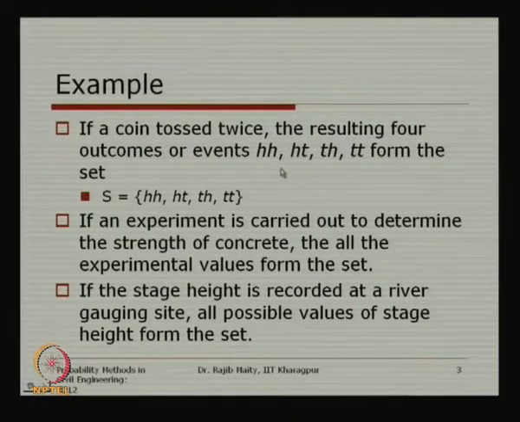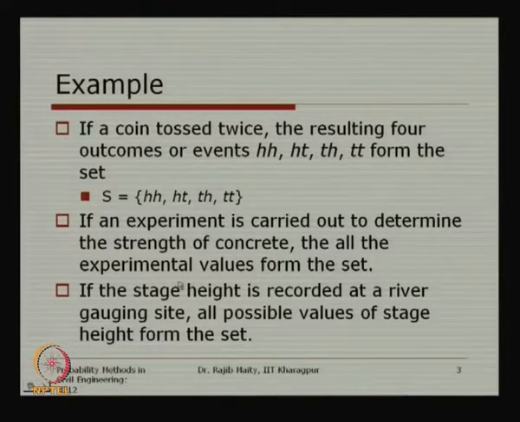So, the collection of all the outcomes of this experiment is one set. If an experiment is carried out to determine the strength of concrete, particularly in civil engineering, then all the experimental values form a set.